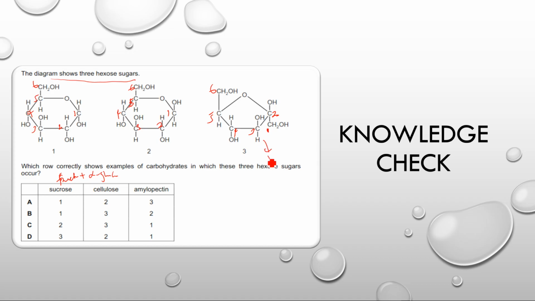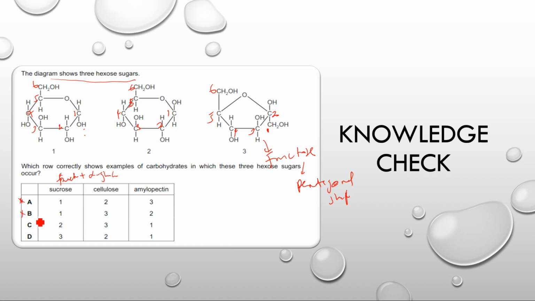This number 3 is fructose. How do I know? It has a pentagonal shape. Even though it's a hexose sugar, it has a five-sided shape. So 3 must be there for fructose. Alpha glucose should be there, which is 1.